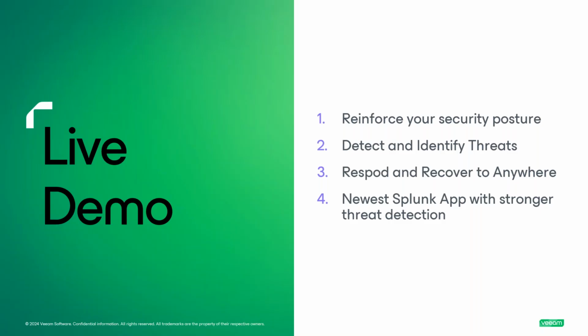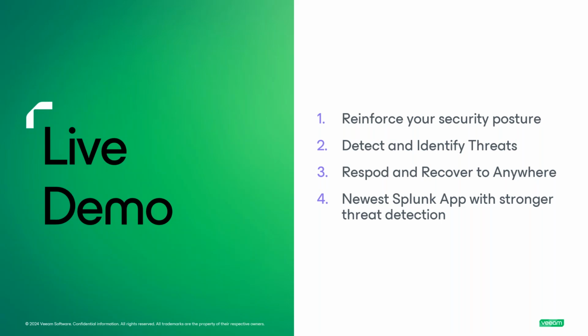In the live demo, I will switch very quickly after this. I want to show what we can do to reinforce your security posture. What are the new functionalities in Veeam Data Platform version 12.1 to manage the security posture of your backup infrastructure? How do we perform detection and identify threats? There are certain parameters or settings that you can use.